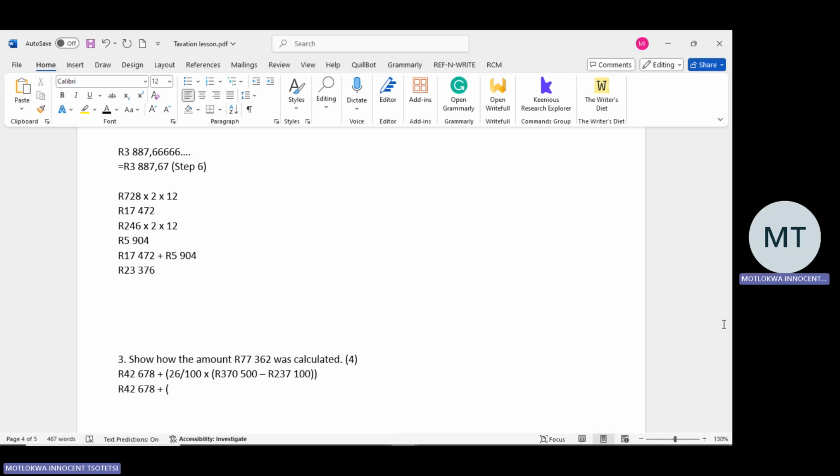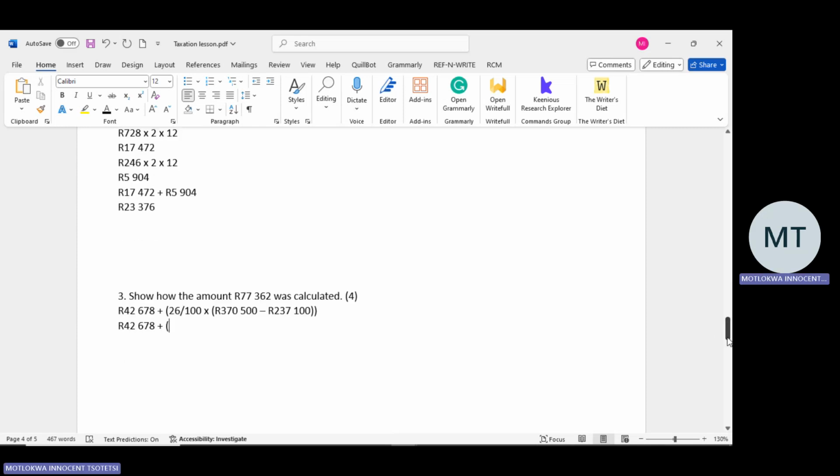Then we say 26% divided by 100, which will give us 0.26. Then you multiply by, and now you deduct: 370,500 minus 237,100, which is going to give us 133,400. We are going to close the brackets.